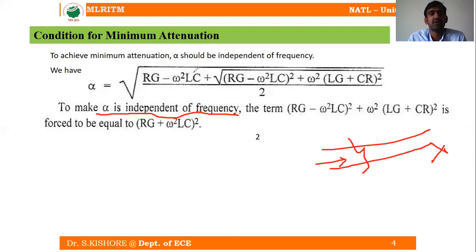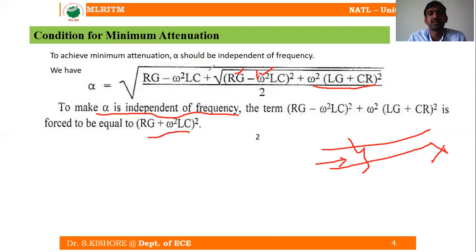So this complete term, Rg minus omega square Lc, which contains the frequency term, should be equal to Rg plus omega square Lc whole square.